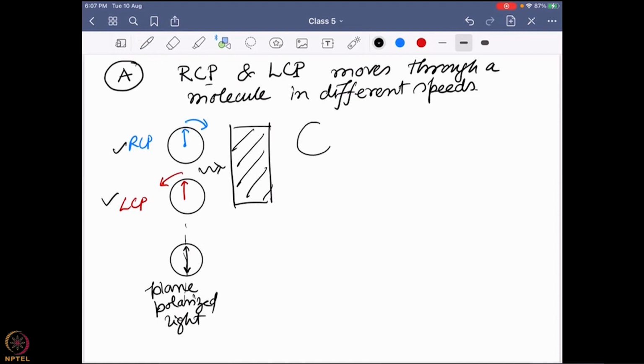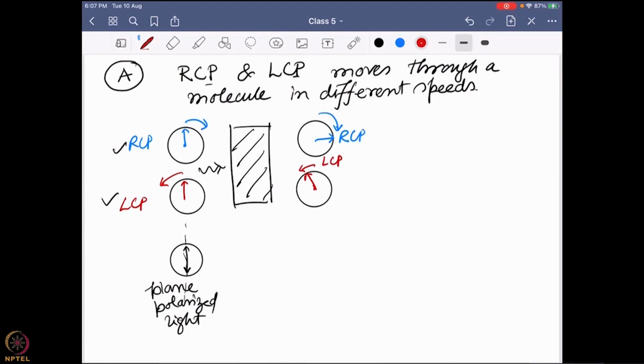Now say one of them is moving faster. Say that it is moving such a faster way that this RCP is reaching over here, whereas LCP is moving a bit slow, so it moves only up to there.